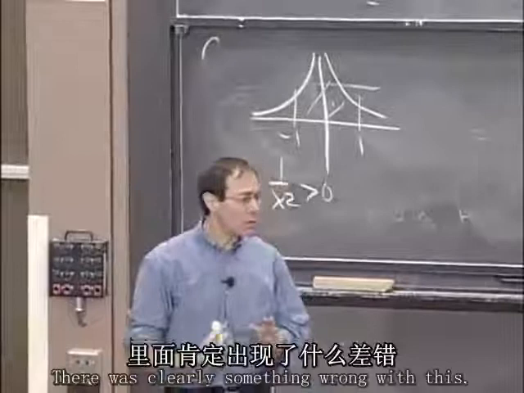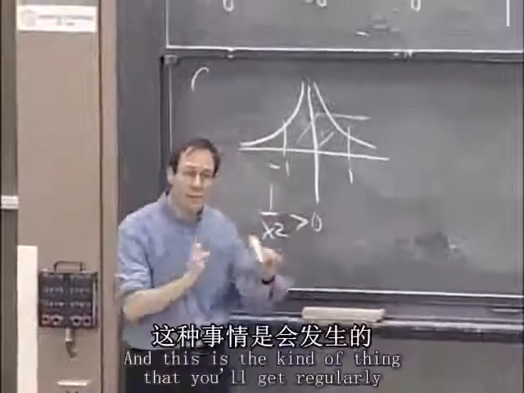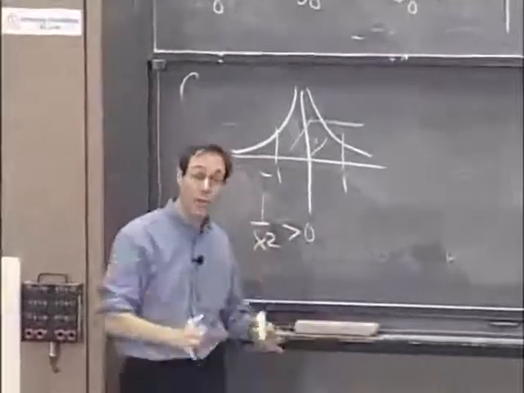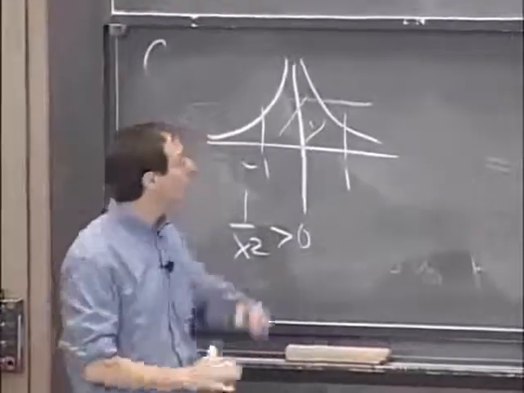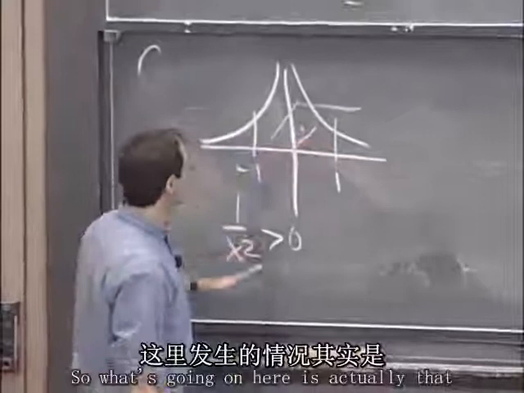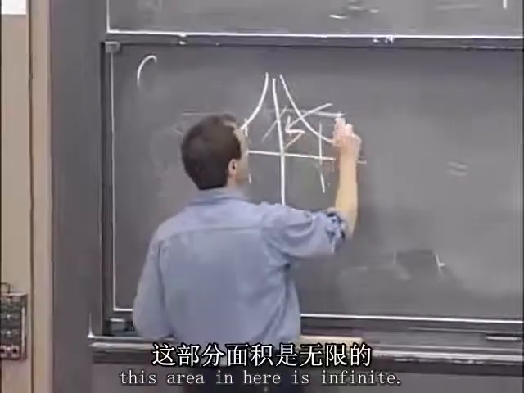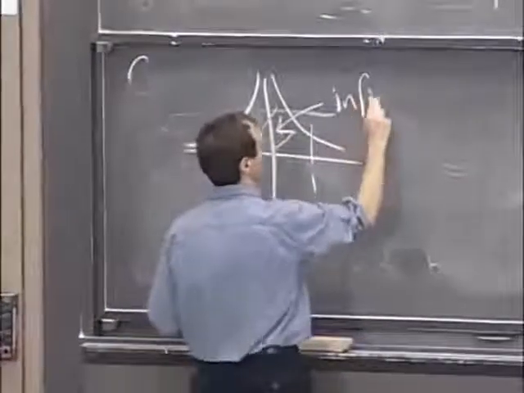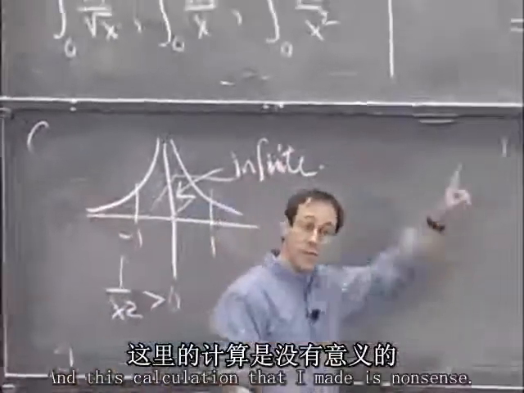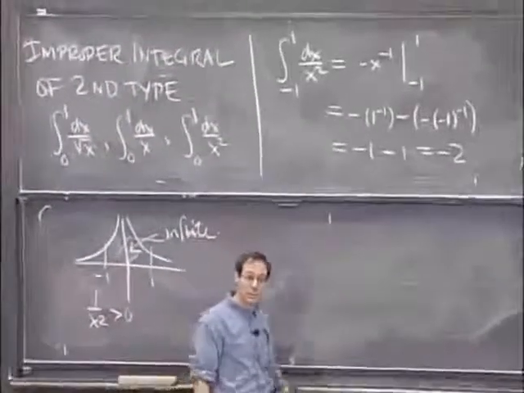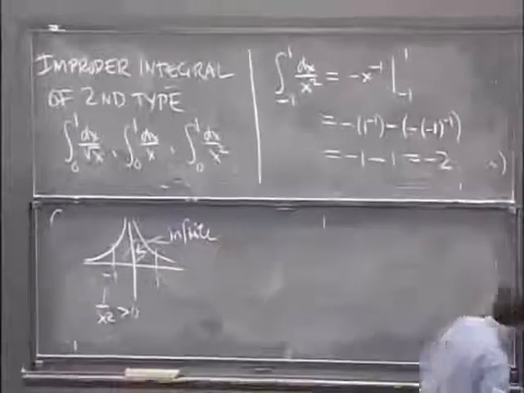There was clearly something wrong with this, and this is the kind of thing that you'll get regularly if you don't pay attention to convergence of integrals. So what's going on here is actually that this area in here is infinite. And this calculation that I made is nonsense. All right, so it doesn't work.